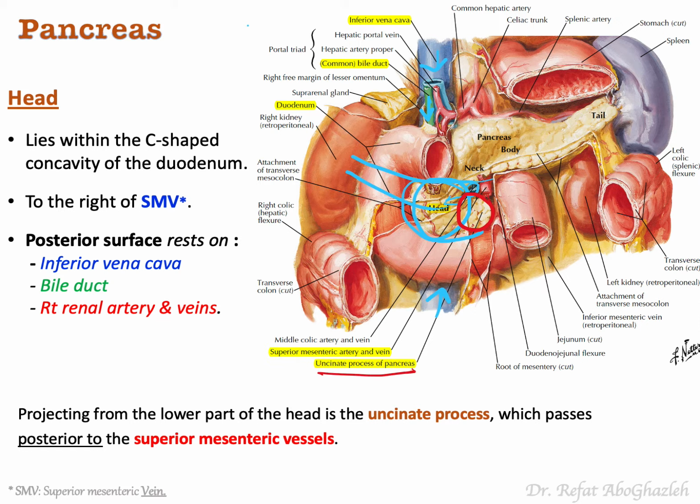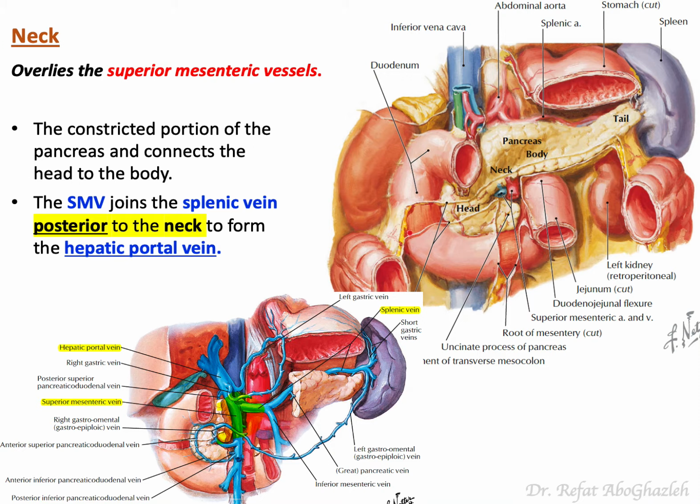Look at the uncinate process. Look at its relation. As you see, the uncinate process is located posterior to the superior mesenteric vessels. The superior mesenteric artery will pass anterior to it, and also the superior mesenteric vein will pass anterior to it. So the uncinate process is located behind the superior mesenteric vessels. This is about the head.